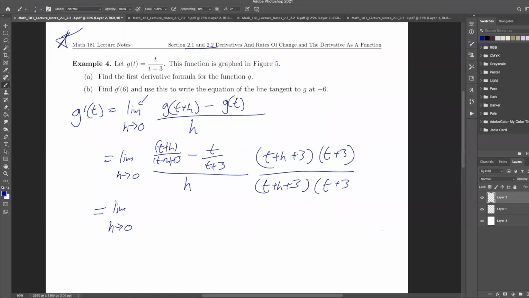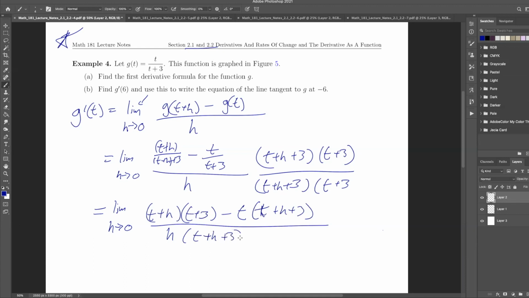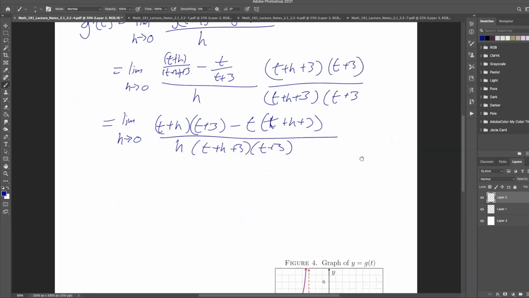This crosses out with this, and so I have t plus h times t plus 3 minus t times t plus h plus 3, all over h times t plus h plus 3 times t plus 3. Okay, so what do we do from here?